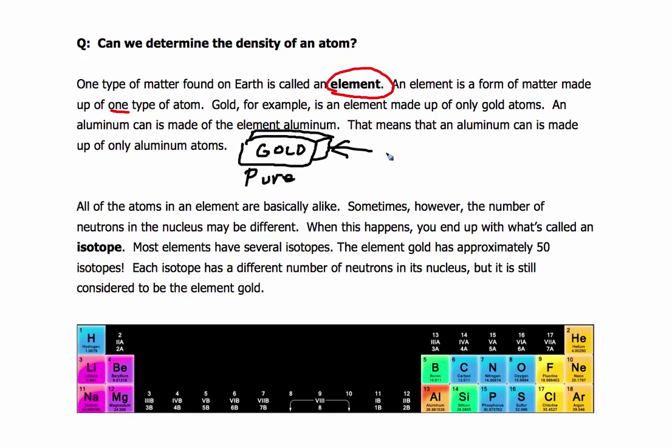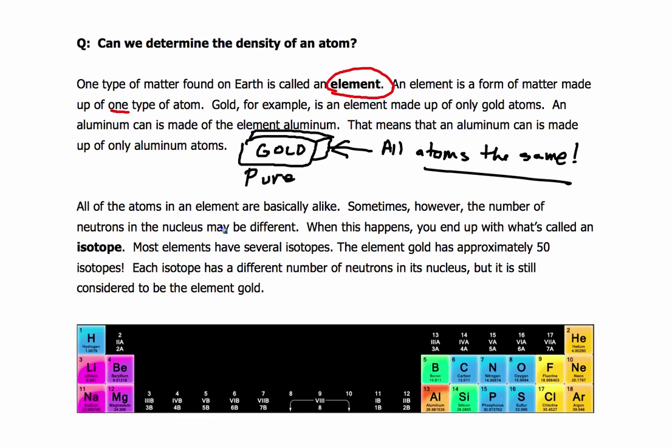Every atom in that gold bar will be exactly the same. All atoms the same. Now that's important to think about because different atoms have different masses, and we'll see this. Okay, so let's go ahead and finish reading.